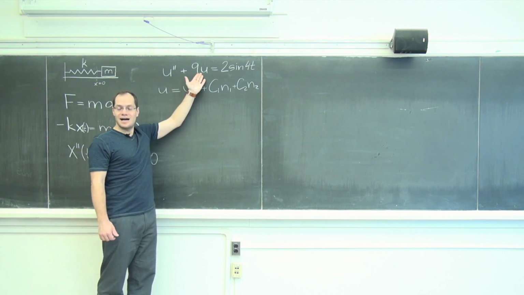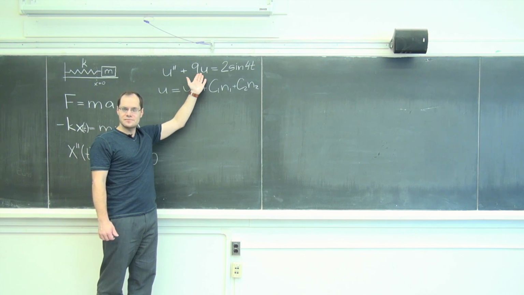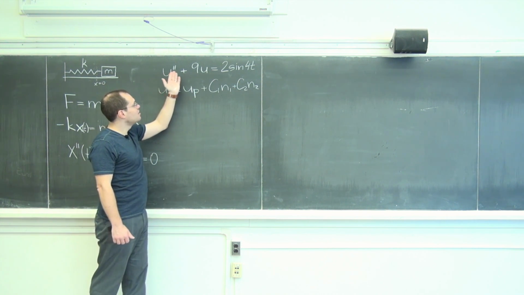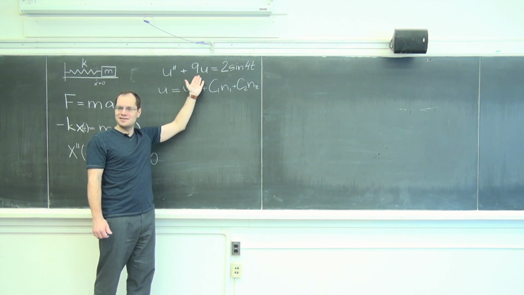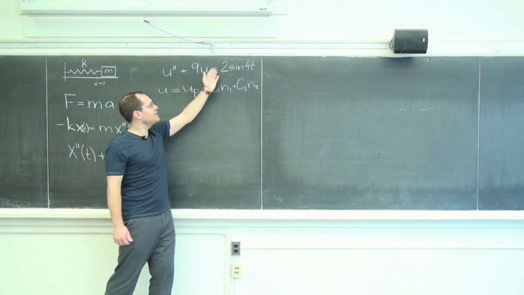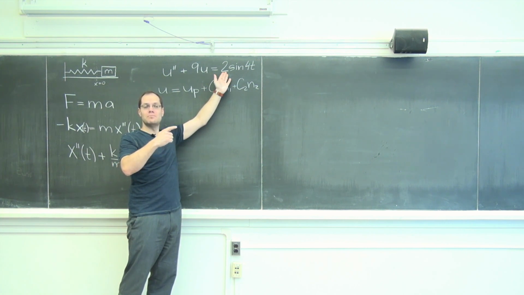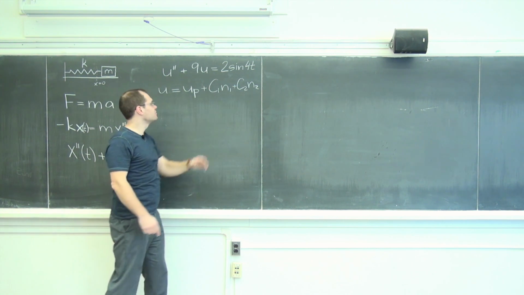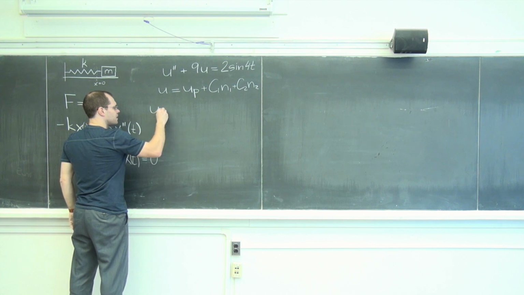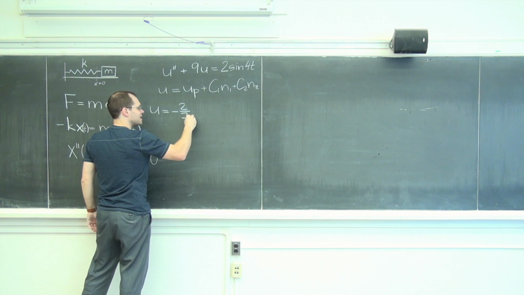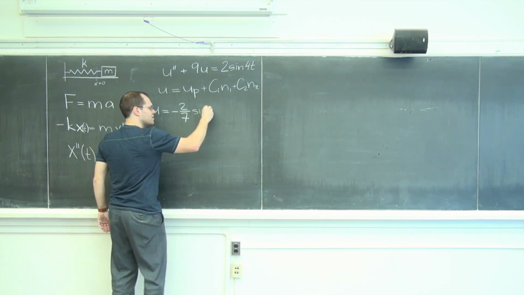And this will give 9 sine t. Too bad I can't add them and get 25. I have to subtract them. And so I get minus 16 plus 9. Help me here. Minus 7? Minus 7. And I need 2. So minus 2 sevenths. U equals minus 2 sevenths sine of 4t.